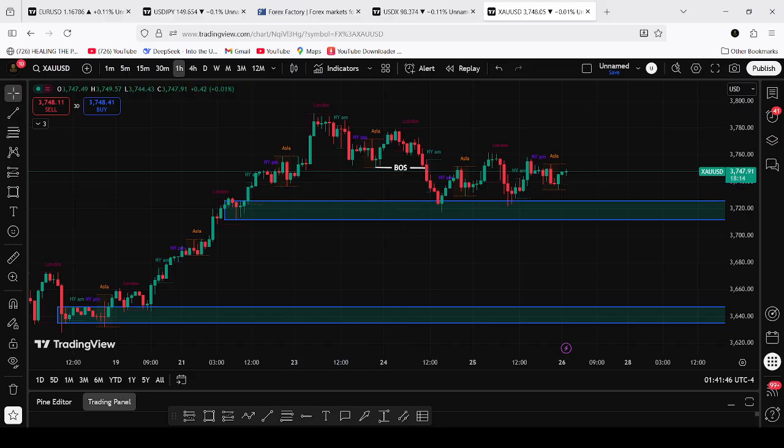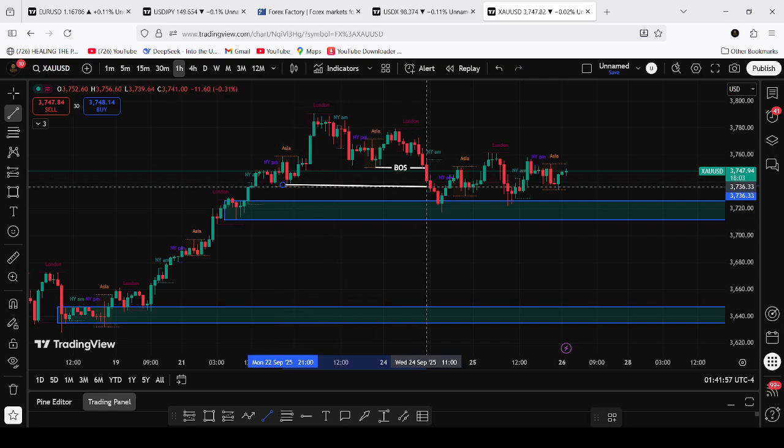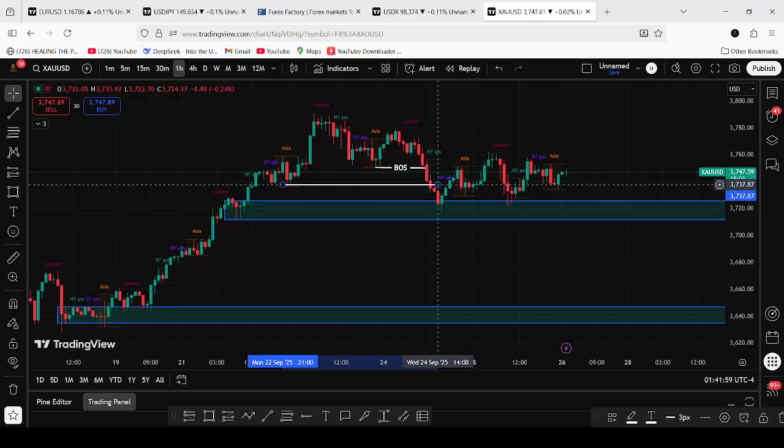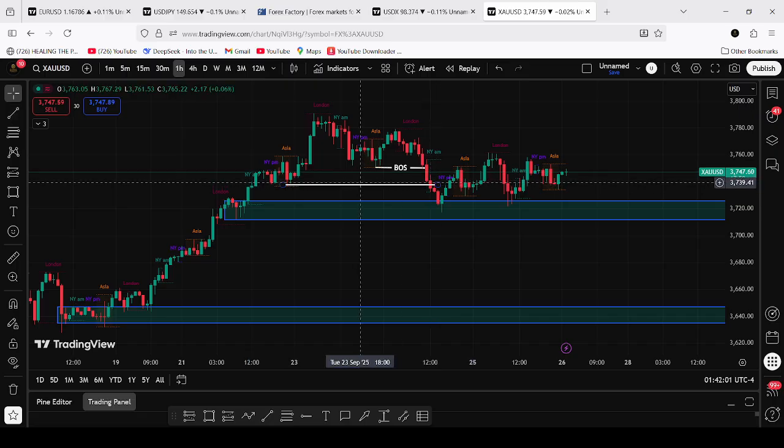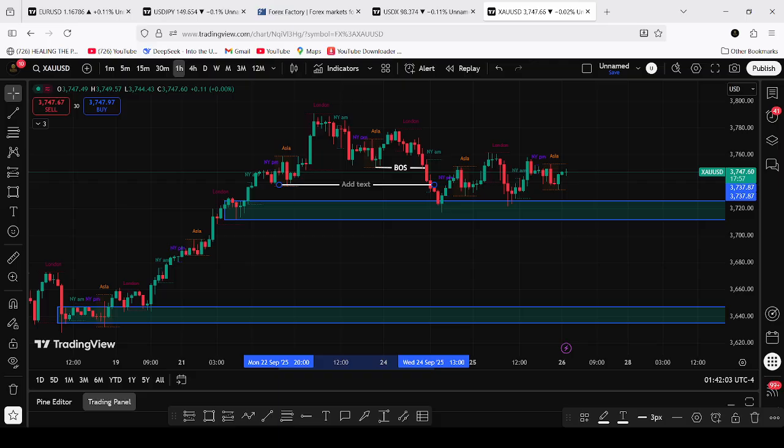That was a break of market structure. But we also saw something like a change of character at this point. Yes, a change of character.